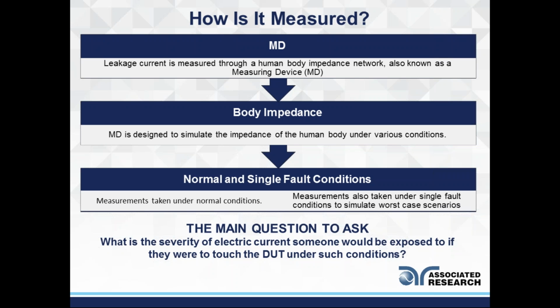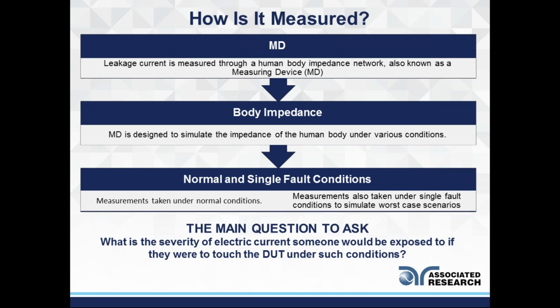These networks are usually built with resistors, capacitors, and why have so many? Well, we need them to react differently, a different frequency curve, because all our bodies act differently. So depending on the product you're testing, each standard will call out its specific measuring device.